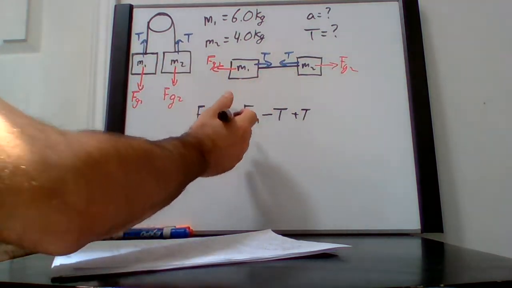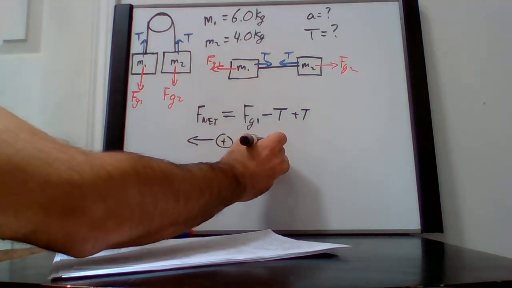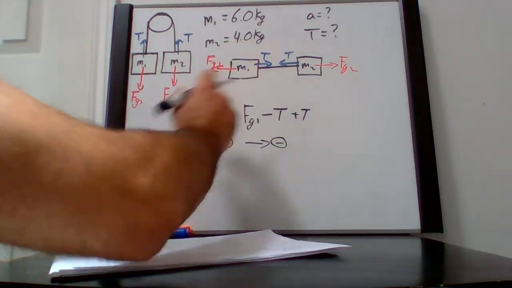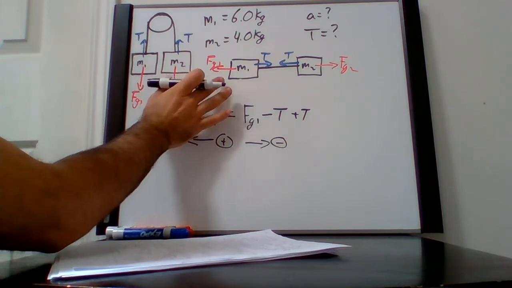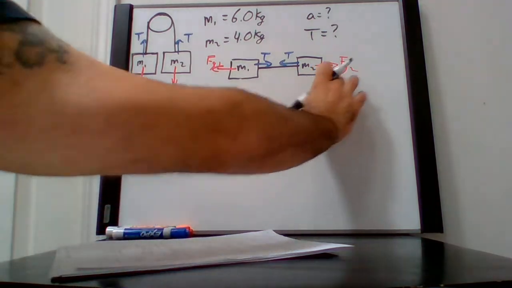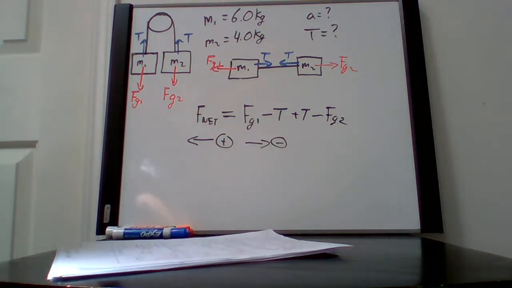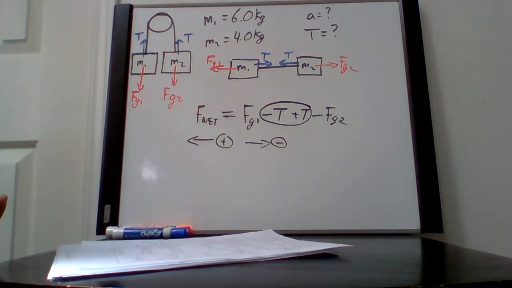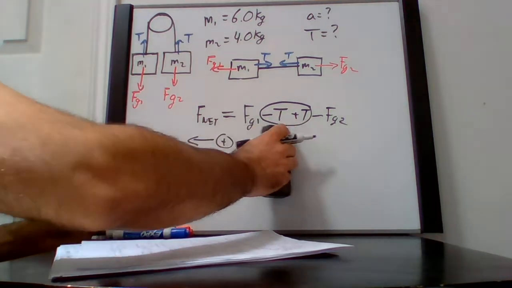I should state first that this direction I'm calling positive, and that direction I'm calling negative, just because of the way I've drawn it out. So this direction is positive Fg1, and then I've got this tension as a negative tension. I've got a tension going in this direction, which I've said is positive, and then I've got my minus Fg2. And we've said that the tensions are the same, so they cancel out. And so my F net is just my Fg1 minus my Fg2.